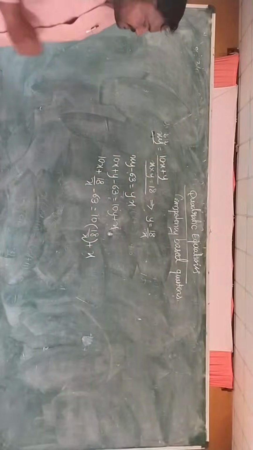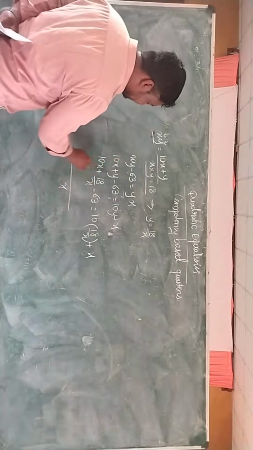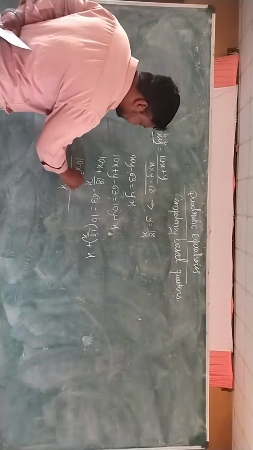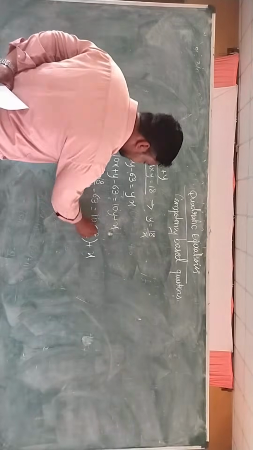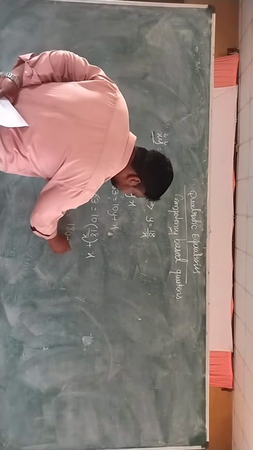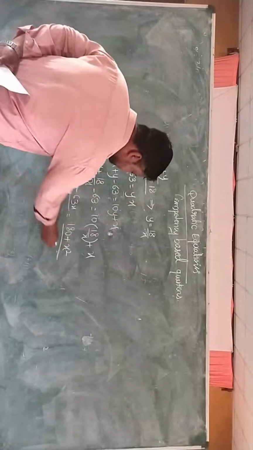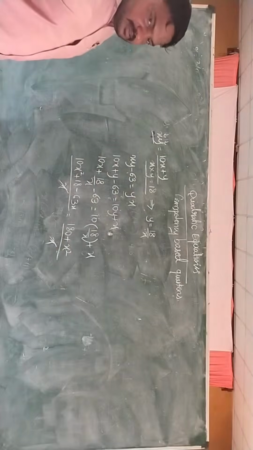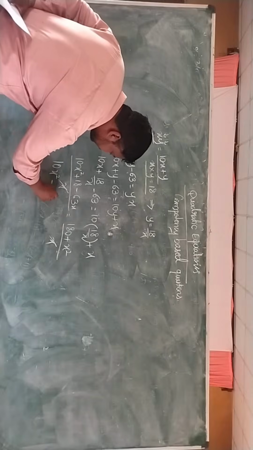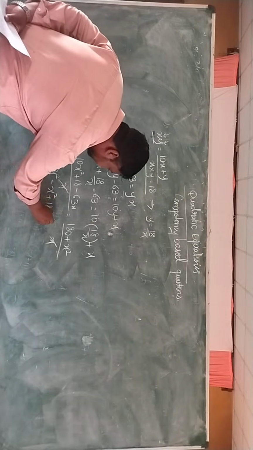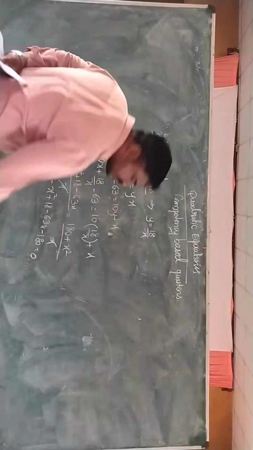Left hand side, x is the LCM. So x into x gives x square plus 18 minus 63x is equal to 180 plus x square, divided by x. So this x gets cancelled. Then x square minus x square plus 18 minus 63x minus 180 is equal to 0.